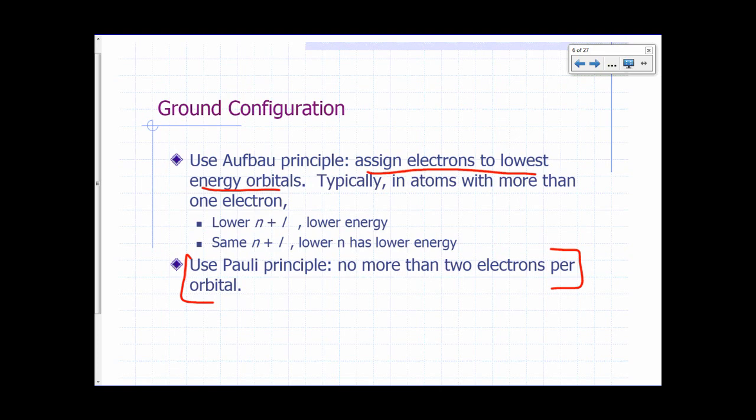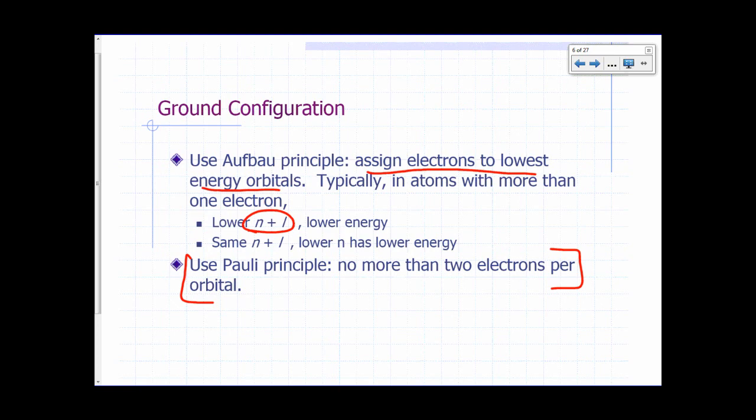So typically, to get the lowest energy configuration, the ground configuration of the atom, you pack the electrons into the lowest possible energy orbitals, and the order in which you fill those orbitals depends on the value of n plus L for the orbitals. If you put electrons in orbitals with lower n plus L, you attain a lower energy for the atom, typically.